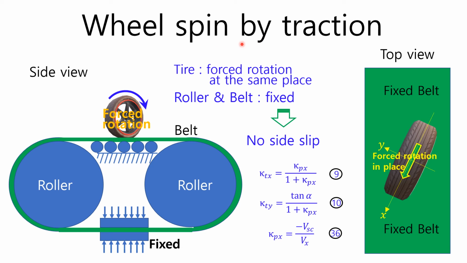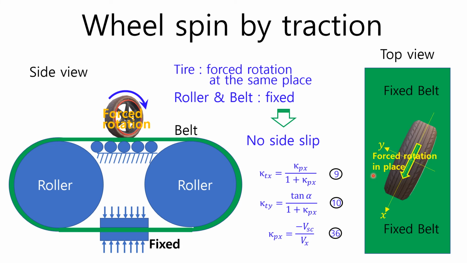The behavior of the tire on the dynamometer can account for the wheel spin by traction in a turn. If the rollers and the belt are fixed and the tire is forcibly rotated in place with the steering angle given, the wheel spin can be reproduced. At this time, since the belt does not rotate, side slip does not occur. And since the tire forcibly rotates in place in the direction of the arrow here, the reaction force is produced only in the direction of the tire longitudinal axis.